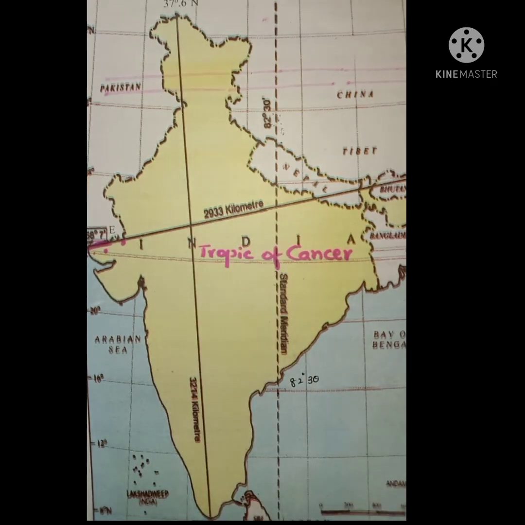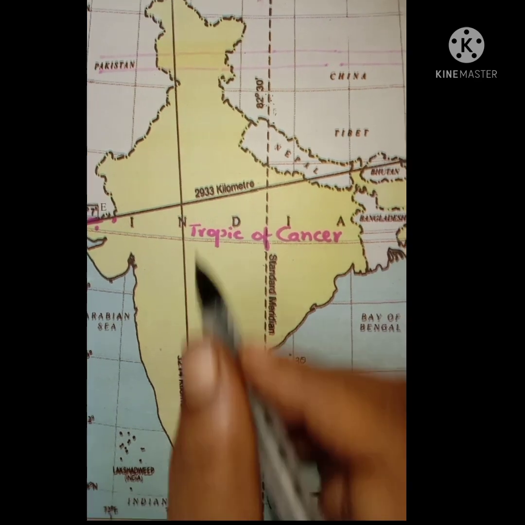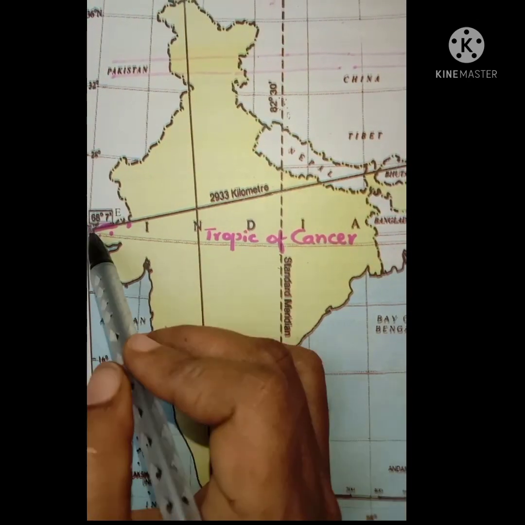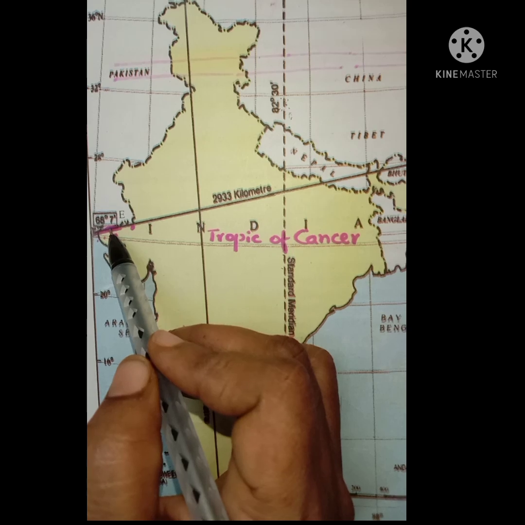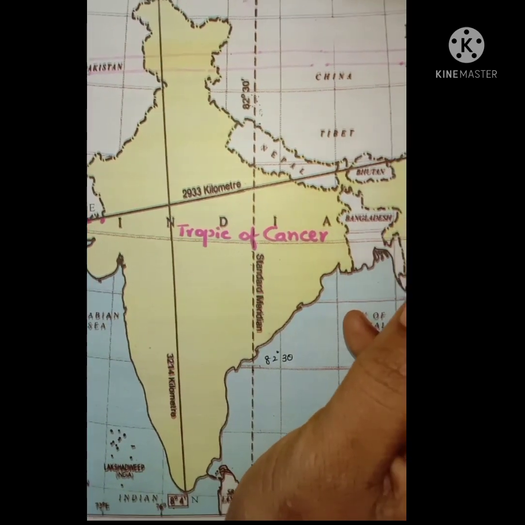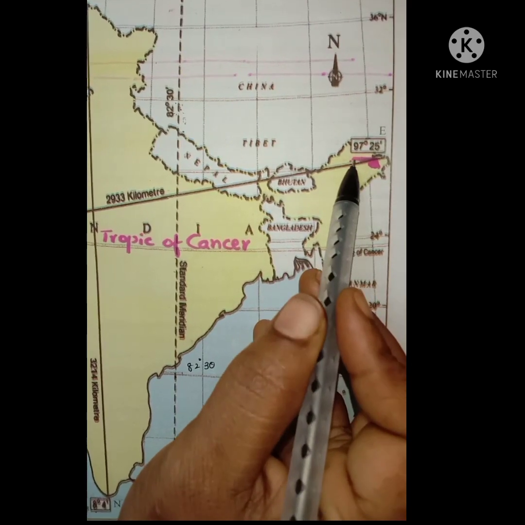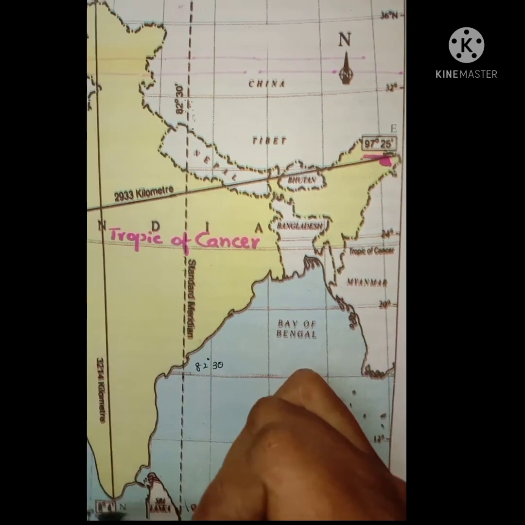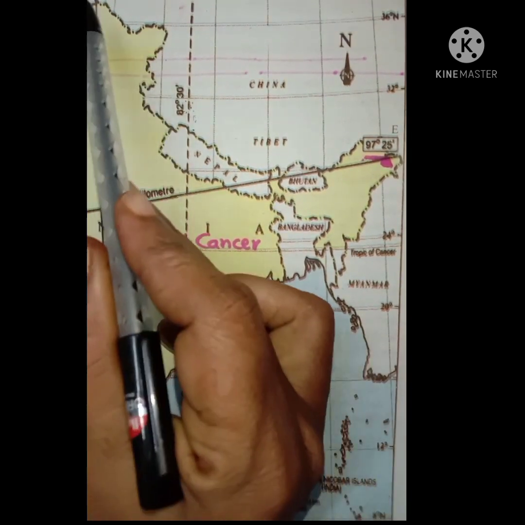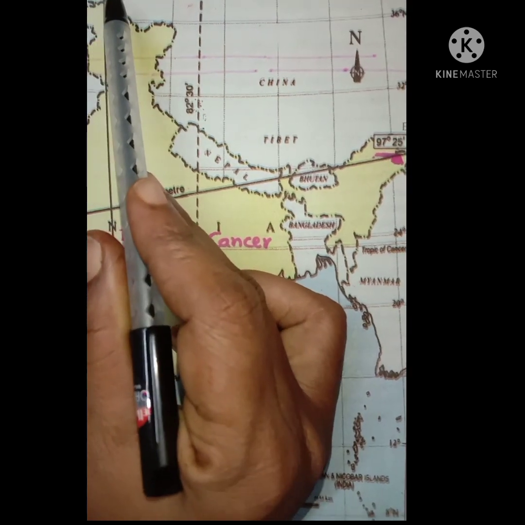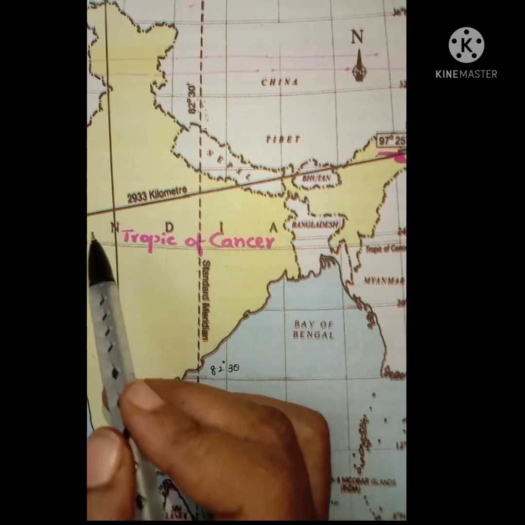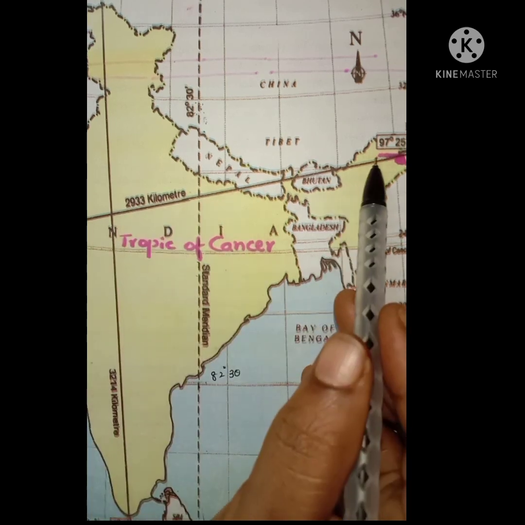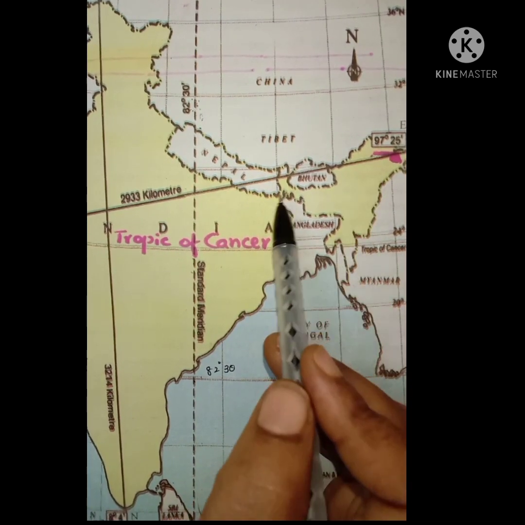India lies between 8 degrees 4 minutes and 37 degrees 6 minutes northern latitude and 68 degrees 7 minutes and 97 degrees 25 minutes eastern longitude.